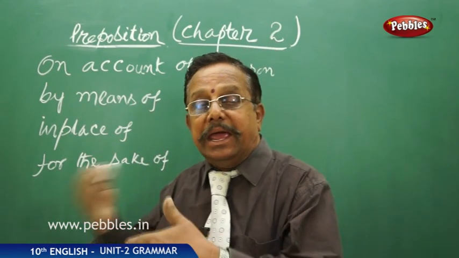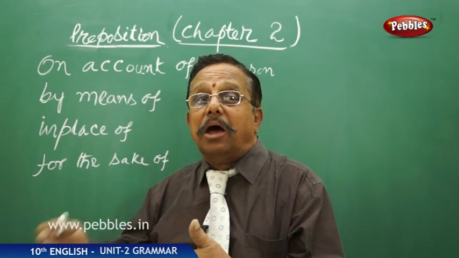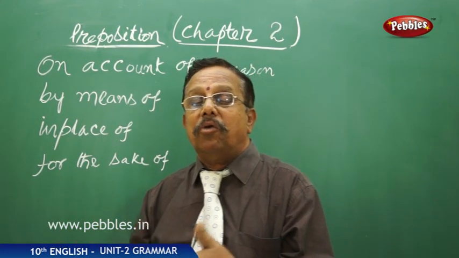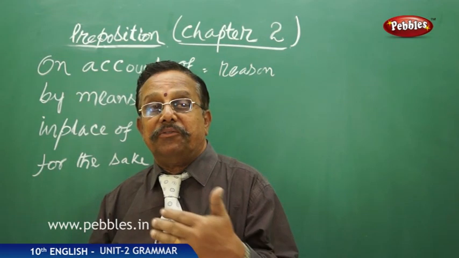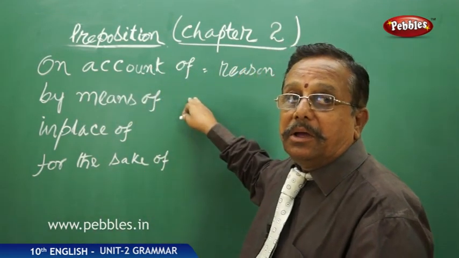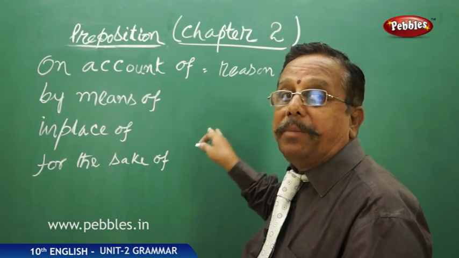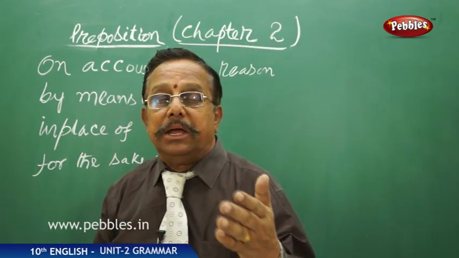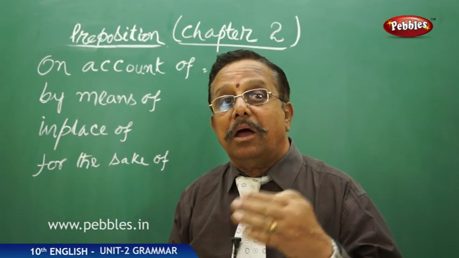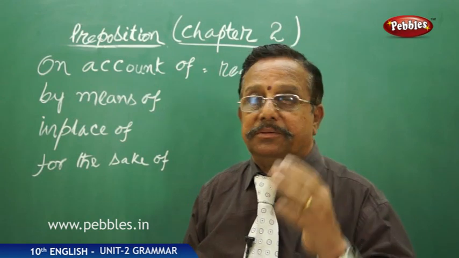Because he failed in some subject, he lost one academic year. To say that, we are putting it with a prepositional phrase, that is, on account of his failure, he lost an academic year. That way we are using the phrasal preposition or prepositional phrase.